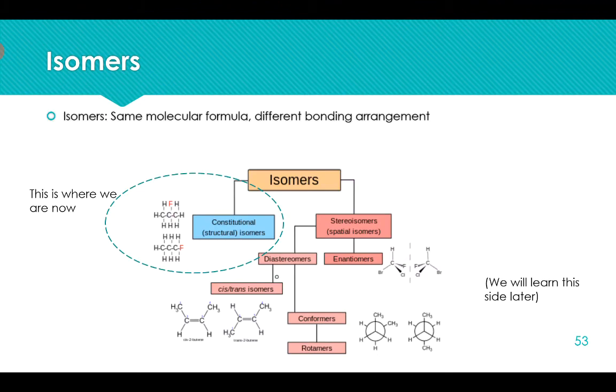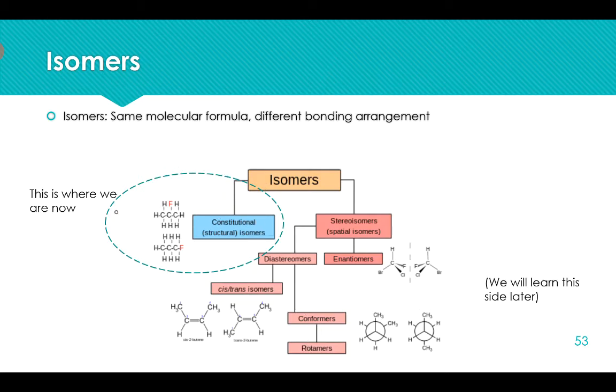So what are isomers? Isomers are molecules of different chemical compounds that have the same molecular formula. What makes them different compounds is that the order or arrangement of the bonding is different. There's a flow chart to classify all of our different types of isomers.